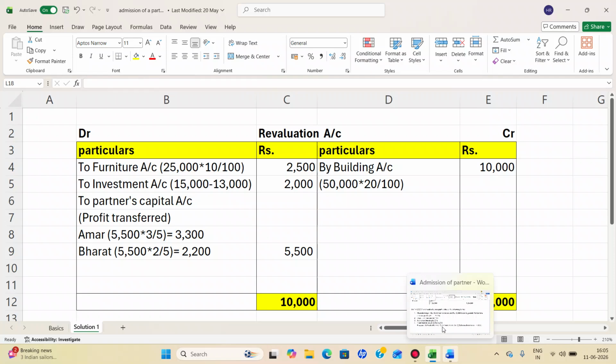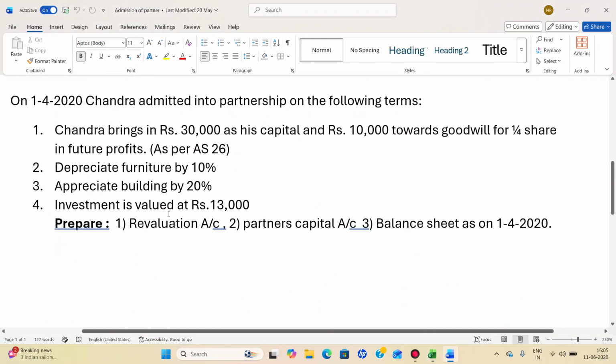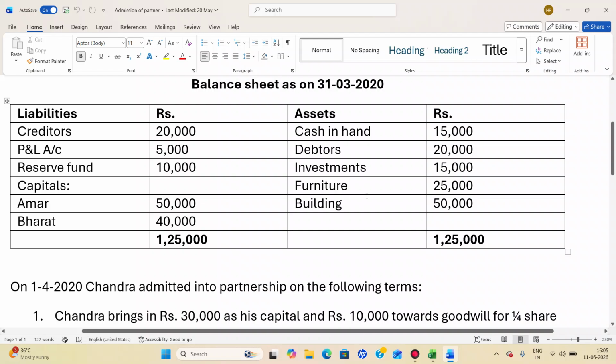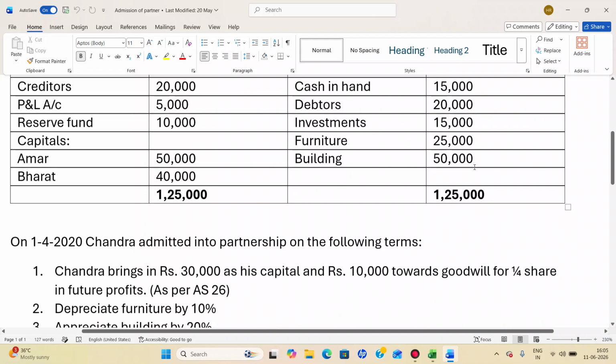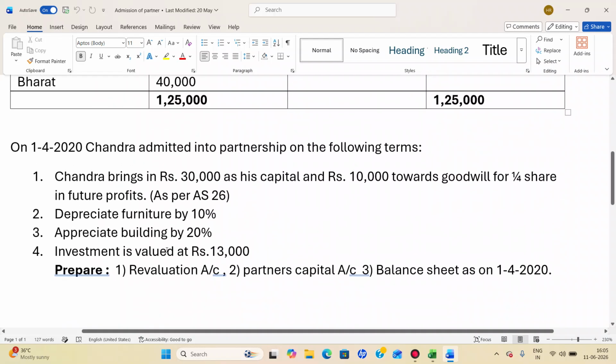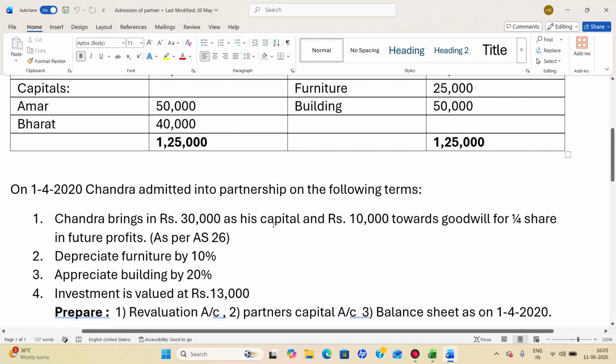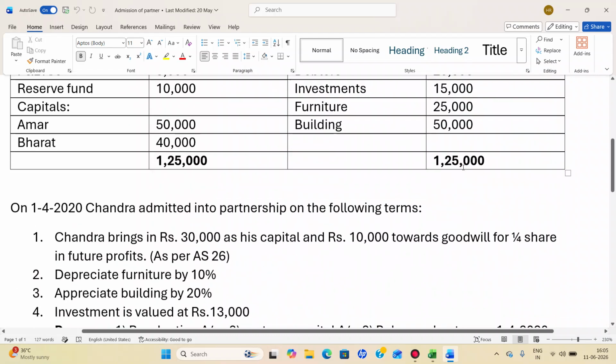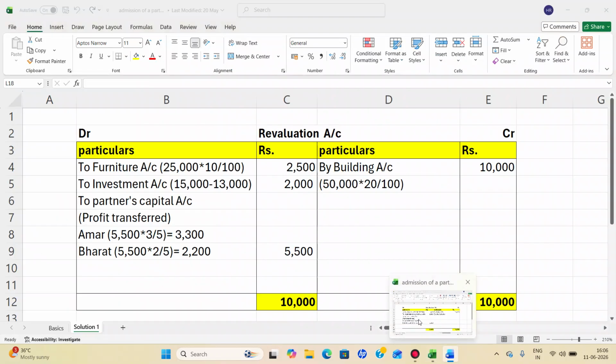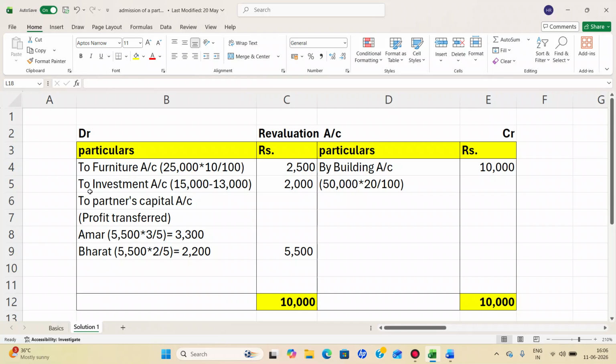Next, investment is valued at rupees 13,000. Here investment is 15,000. So the investment value is 13,000 and here 15,000. 2,000 is the difference. That difference amount goes to investment account. That is, investment is decreased, right? 15,000 minus 13,000, we get 2,000. Here asset value decreased, so I am writing it on the debit side.